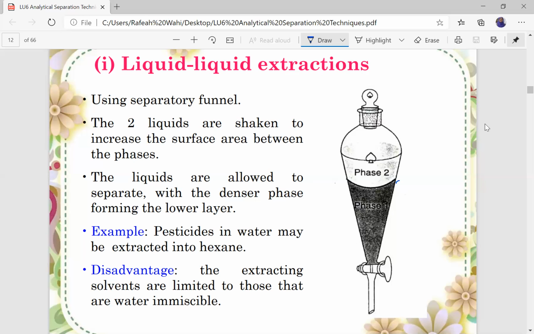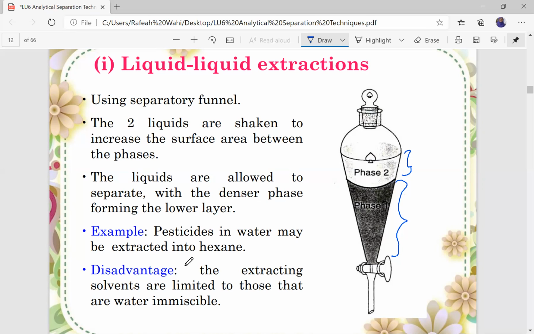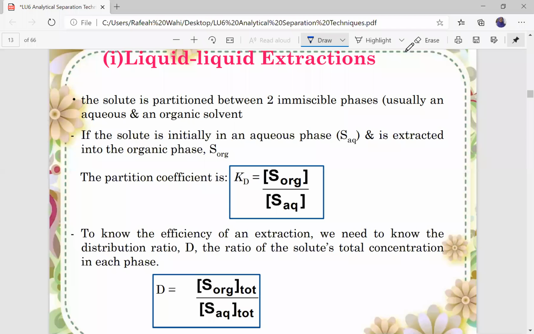So if you look at the darker component here, this one has more density, and phase 2 here has less density compared to phase 1. The disadvantage of this process is that the extracting solvents are limited to those that are water immiscible only. So this is liquid-liquid extraction.